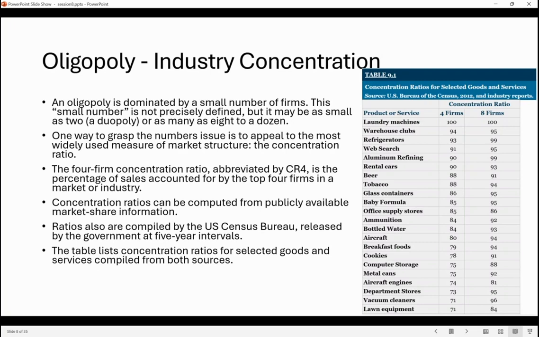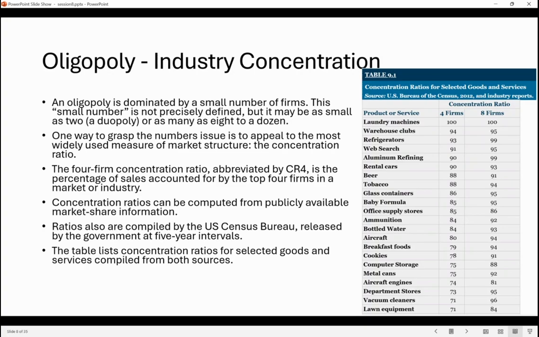Now, let's see how we can define a market to be an oligopoly. If you remember, we discussed that depending on the type of the industry, one market with 10 firms could be called perfect competition, but the exact same 10 firms in another industry may be called an oligopoly, right?